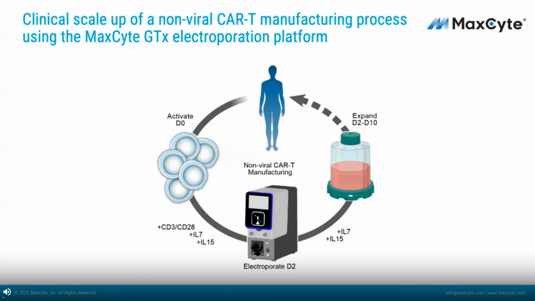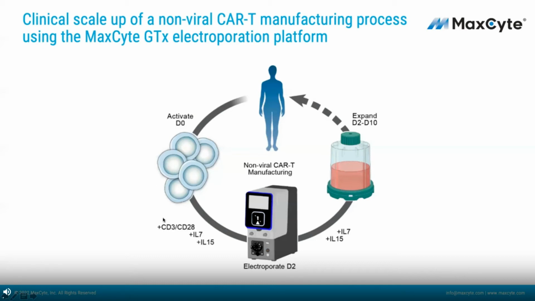And so what the Marson, Shy, and Esensten labs did was use the MaxCyte GTX platform in order to deliver the CRISPR genome editing machinery alongside the ssCTS templates as part of a CAR T manufacturing process. And this was using the BCMA CAR, which I showed previously, in an autologous process, meaning that you have T cells isolated from the patient.